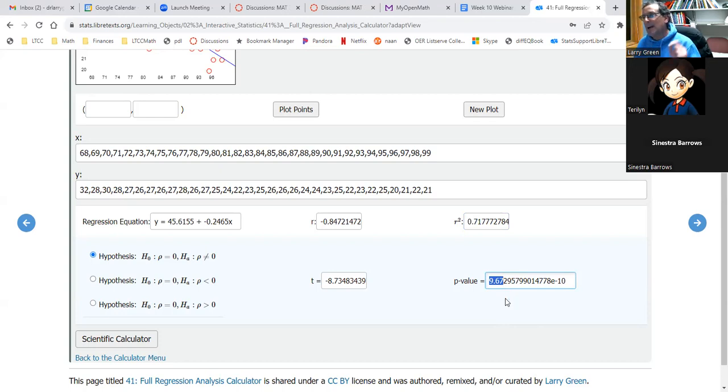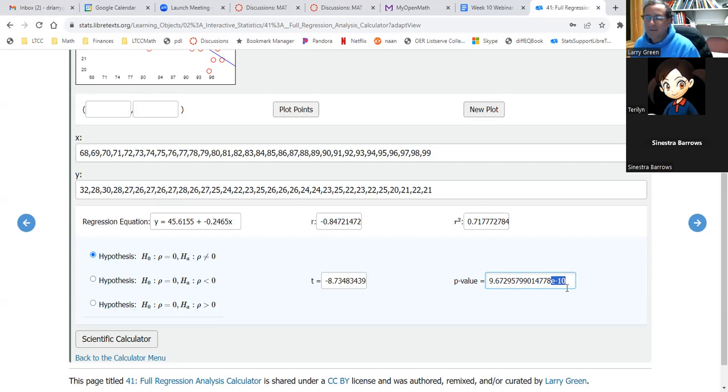So you really have to always pay attention. The p-value can never be bigger than 1. If you ever think it's bigger than 1, you are wrong. So you always move your eyes, and sometimes if your smartphone screen is too small, you have to move the cursor over and look at that e negative 10.